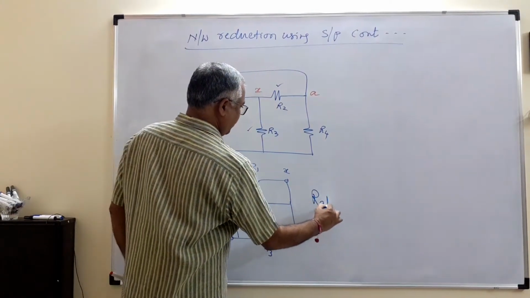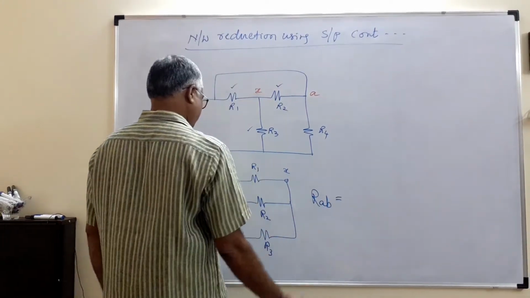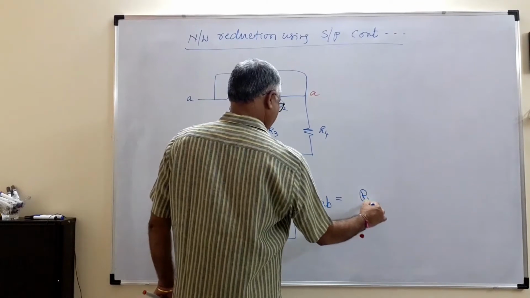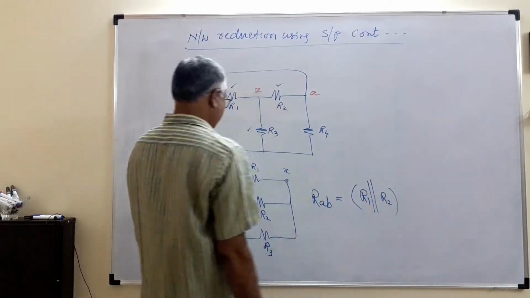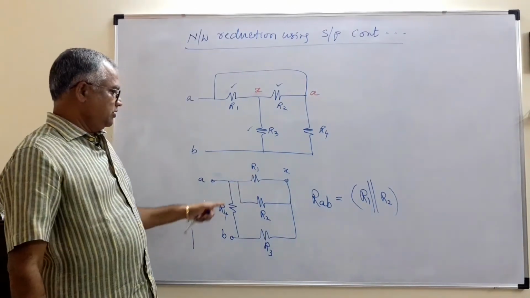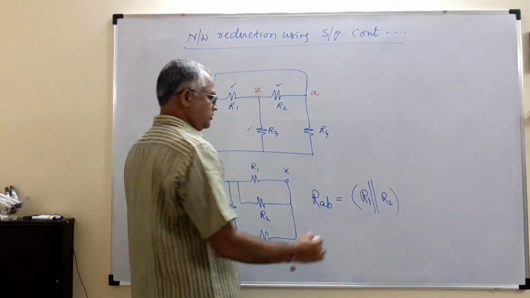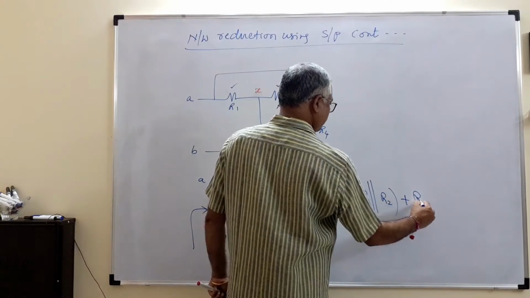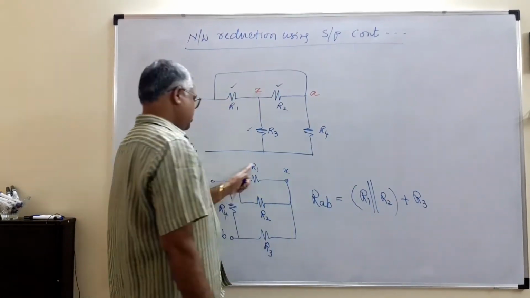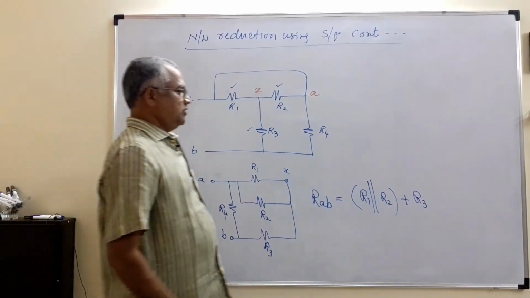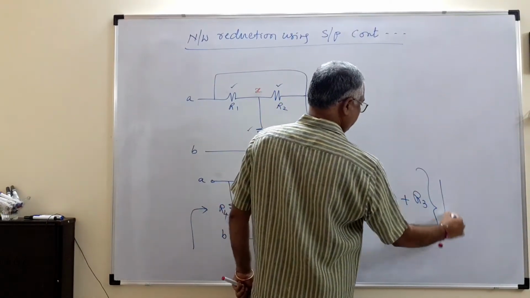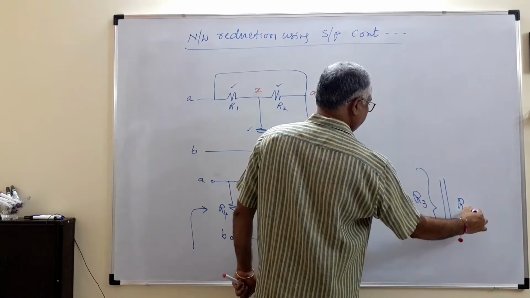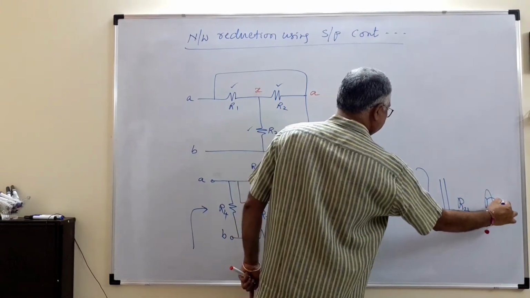Therefore RAB equals R1 parallel with R2, that is in series with R3. This total value is parallel with R4. So simplify, you get the answer.